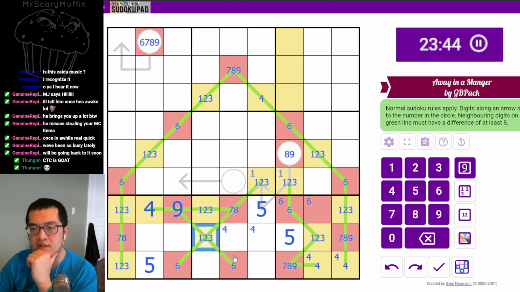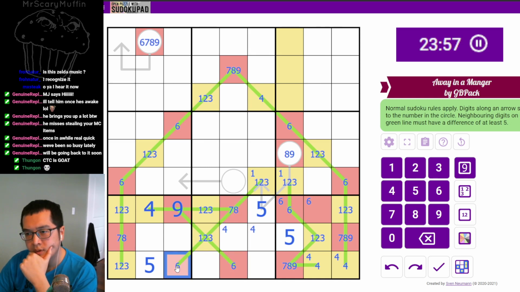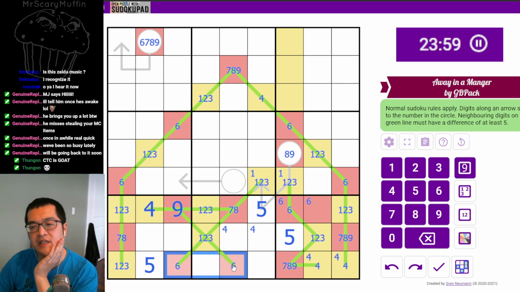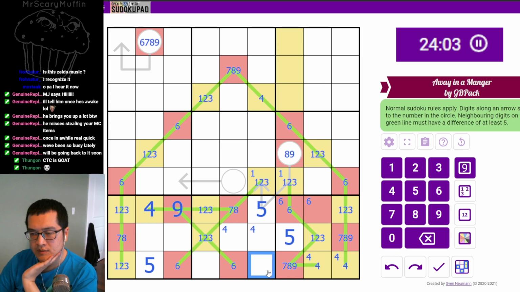Can I prove that this one needs to be a 1 in order to work? Because this one sees all 3 of these numbers. Does one of these numbers need to be a 6? Answer is no, because one of these can be a 6.